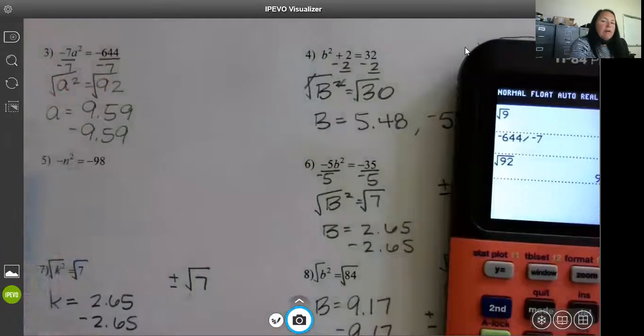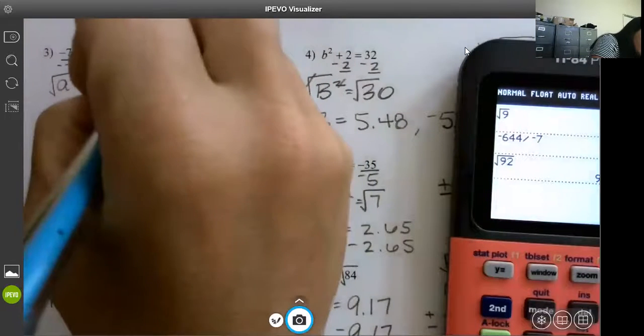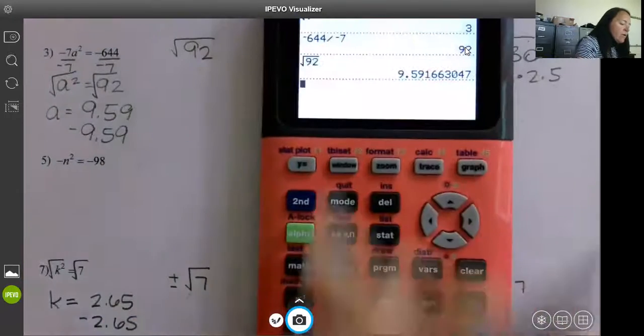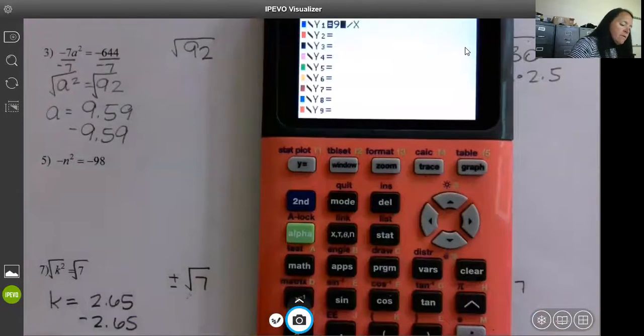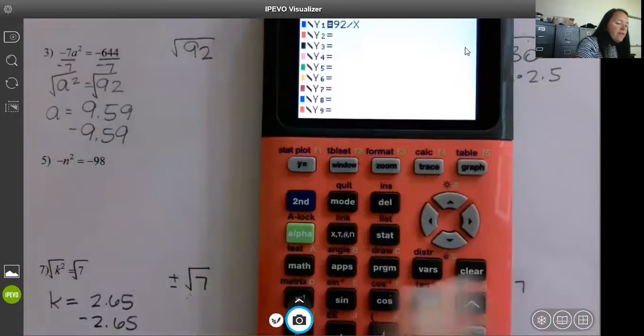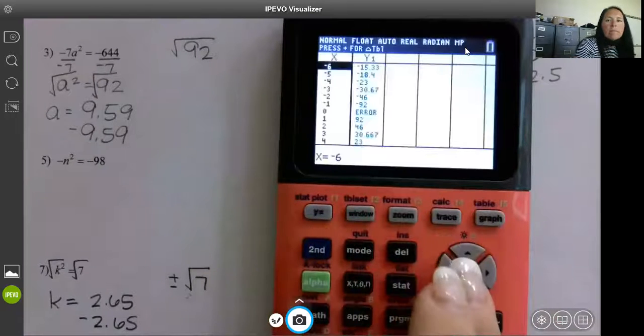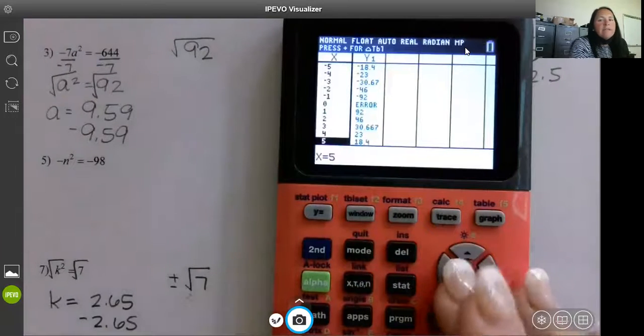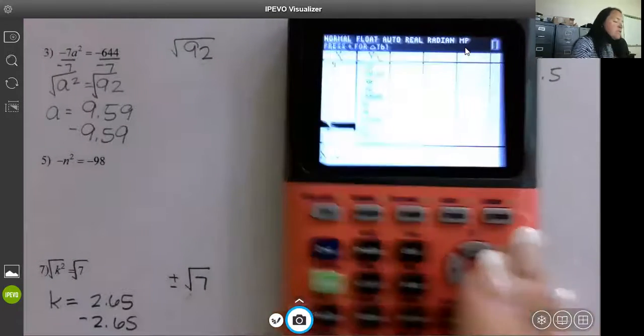Again, EDS should be fine with this. I am fine with this, but your EOC will probably have it in square root form. We also need to know how to do square roots because we'll be doing them tomorrow, okay? So we're gonna simplify the square root of 92. It may not simplify, we're gonna try. So I'm gonna put 92 in and try to find some factors. 4 and 23 is a good one if you know that 23 is not a good factor, like it's just 23.